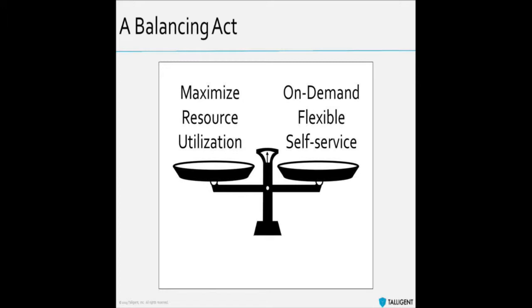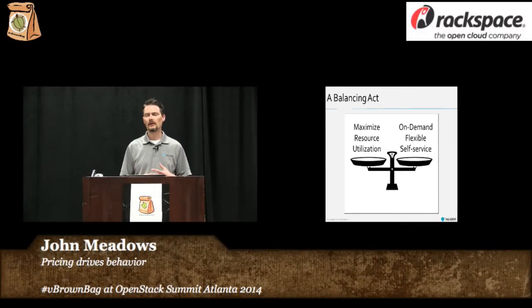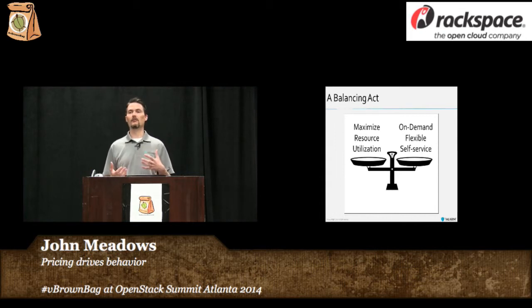And it is a true balancing act to maximize the resources and get the best usage out of the investment that you've made in the environment, but also providing that on-demand flexible service, that self-service model. One of the key questions we hear from our customers is, are we cost competitive with Amazon?